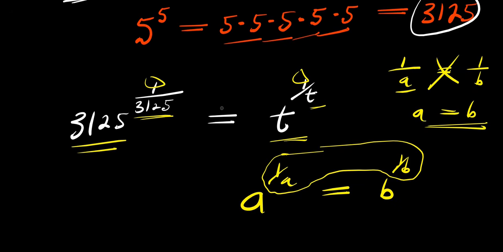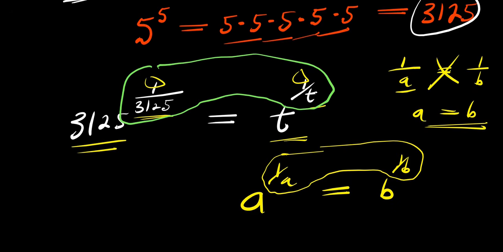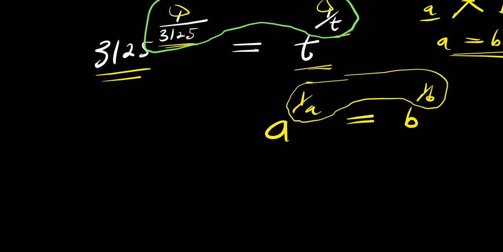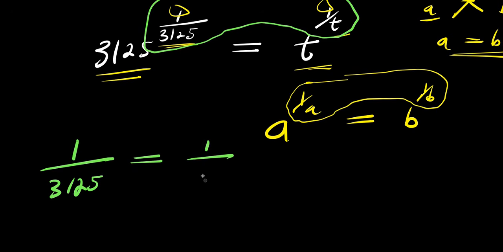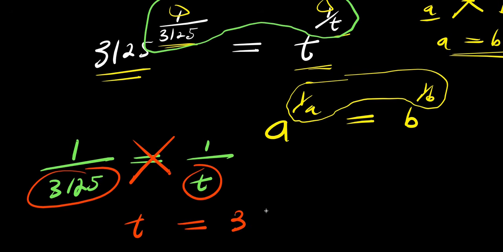We do the same thing here. So I'm going to compare this, meaning that I'm going to have 1 divided by 3125 equals 1 divided by t. So I cross multiply, t times 1, that is t, equals 3125 times 1, that is 3125.